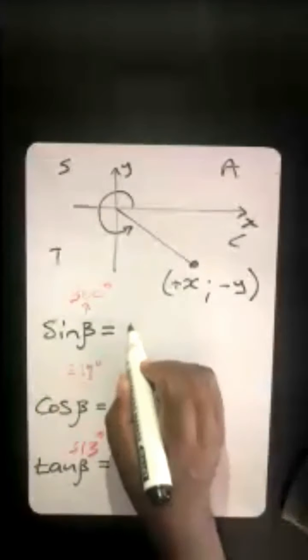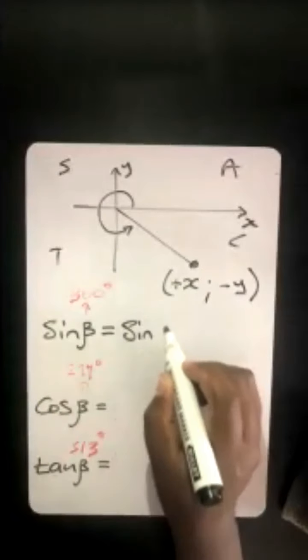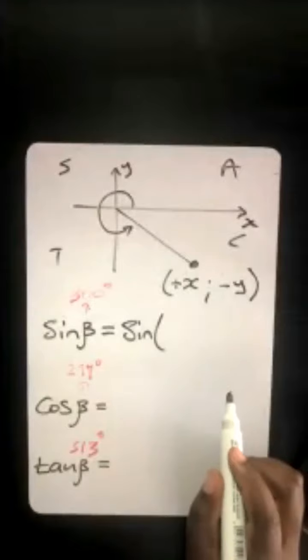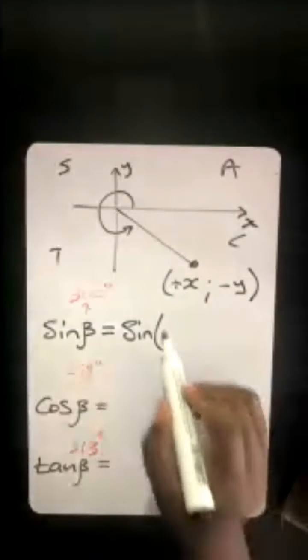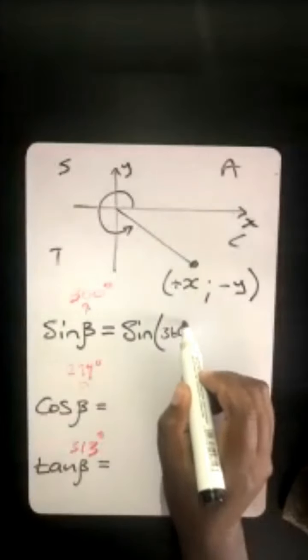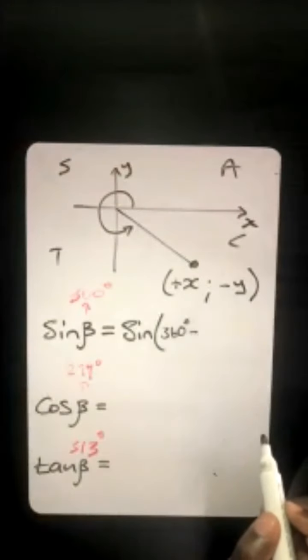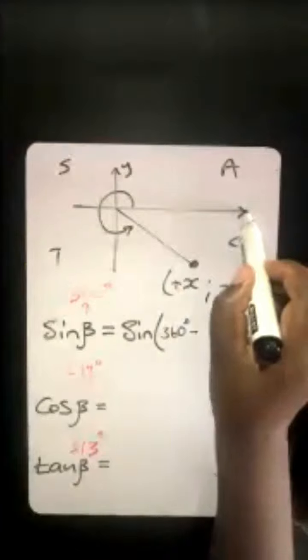So let's reduce it. In reducing that, we are going to have 360 degrees minus an angle. So remember, we are making reference along that line.